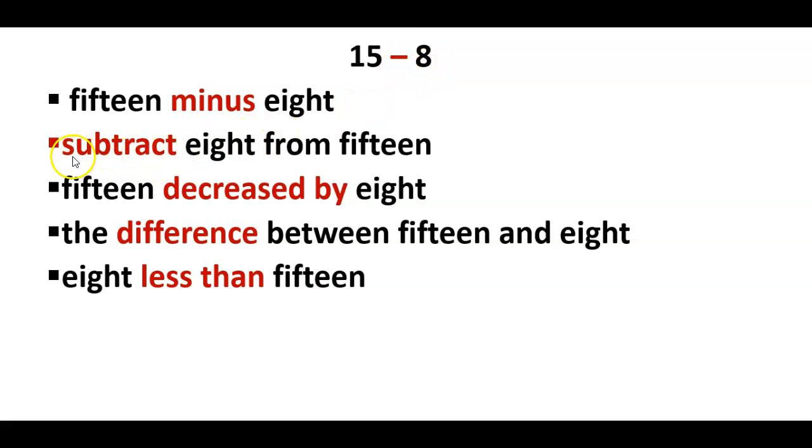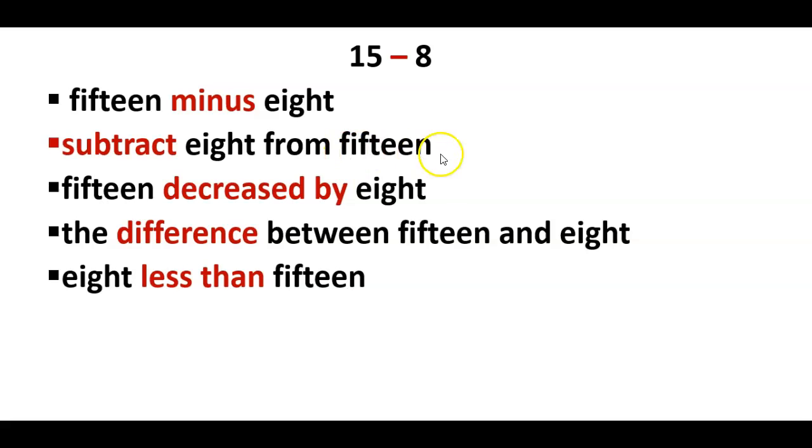If we use the word subtract, we flip the numbers. It is because we cannot subtract 15 from 8. Rather, we subtract 8 from 15. So therefore, the number that comes after the subtraction sign should be named first.